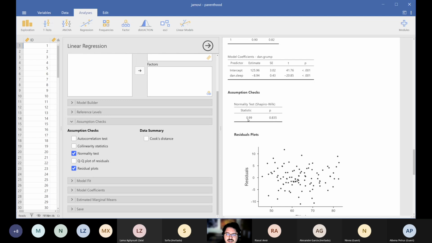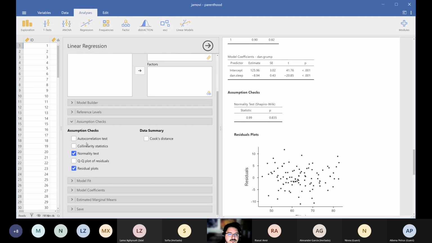For Shapiro-Wilk, the statistic is 0.99. So the probability of observing this statistic if the residuals are normal is very high. Hence, we can't reject the idea of them being normal.